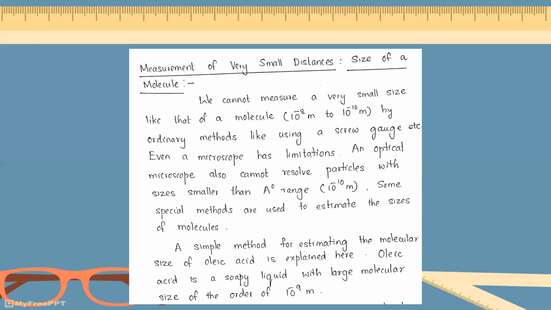Therefore, we have to use some special methods to find the size of a molecule. There is a simple method to find the size of a molecule that is called the oleic acid method. That method, the oleic acid method, is explained as I have shown in this particular topic.